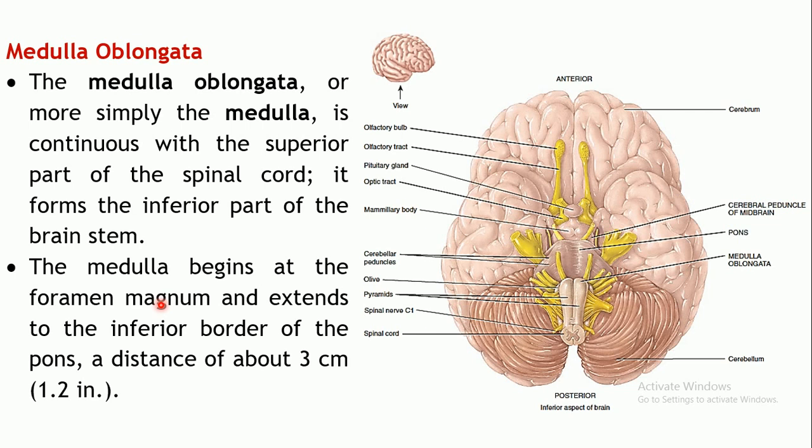Just superior to it, from the foramen magnum, extends the brain stem, and the inferior part, the medulla oblongata, extends up to the inferior border of the pons. These three structures are in continuation with each other, and it is roughly 3 cm in length, extending from the spinal cord superiorly.